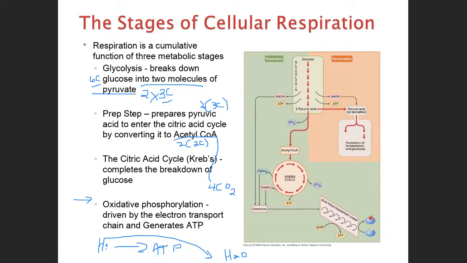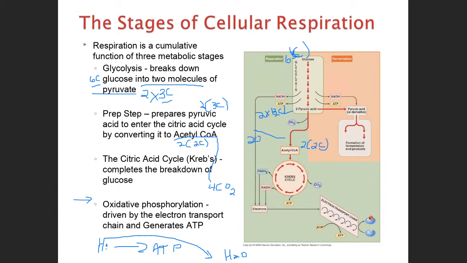Okay. Everybody with me? So here again, here's glycolysis. Glycolysis goes from 6 carbons to pyruvate. So you have 2 times 3 carbons, and then it goes to the prep step and forms acetyl CoA. So now you have 2 times 2 carbons, and then you've had 2 CO2 go away.